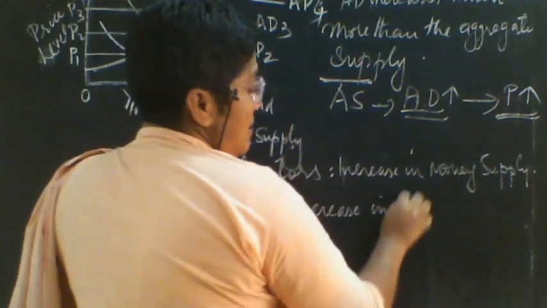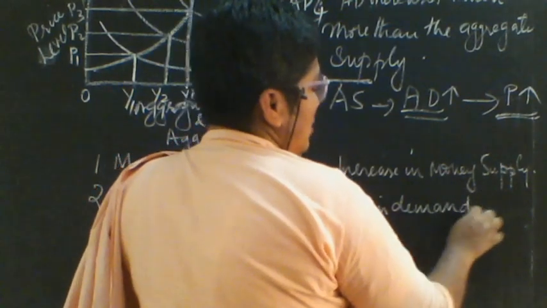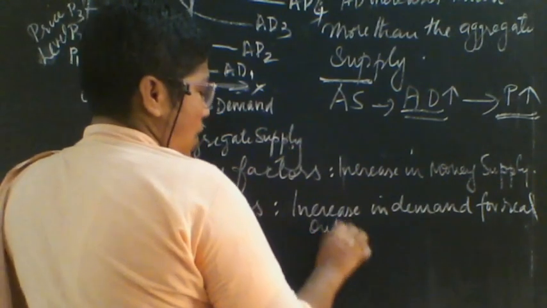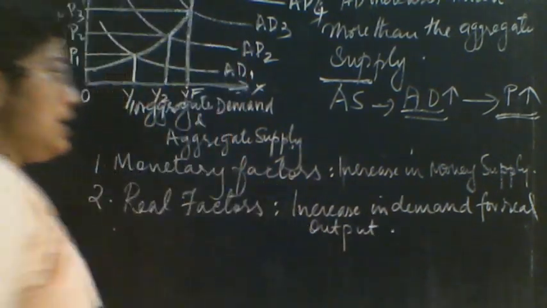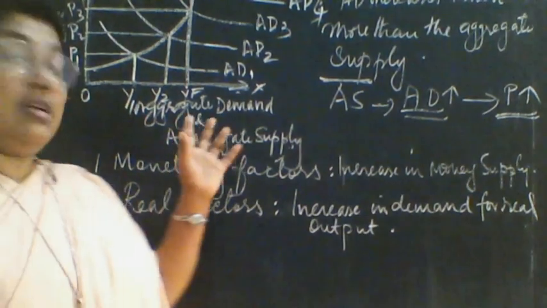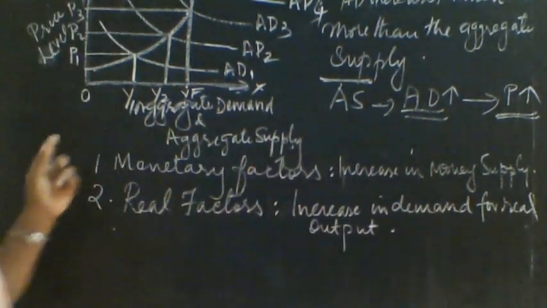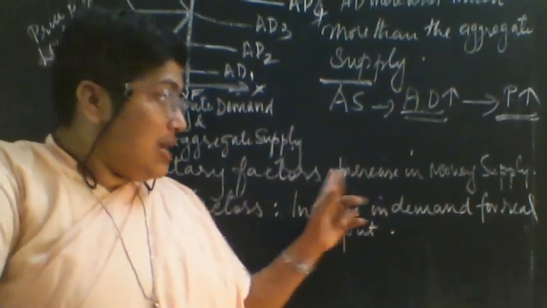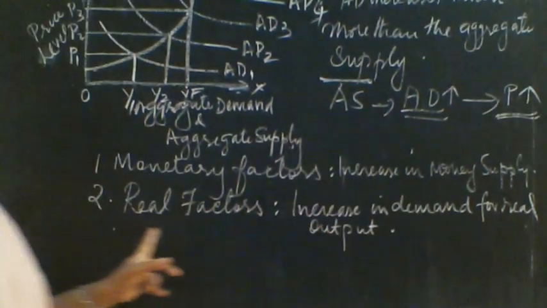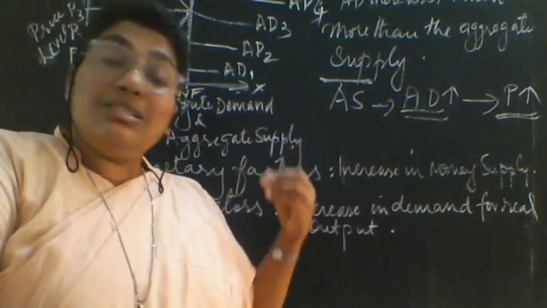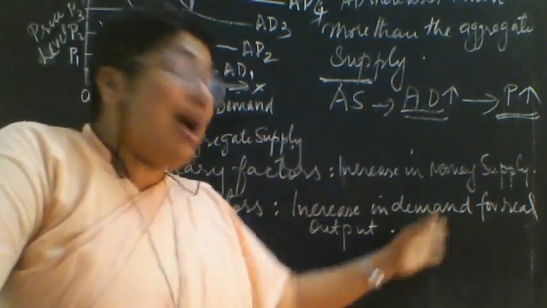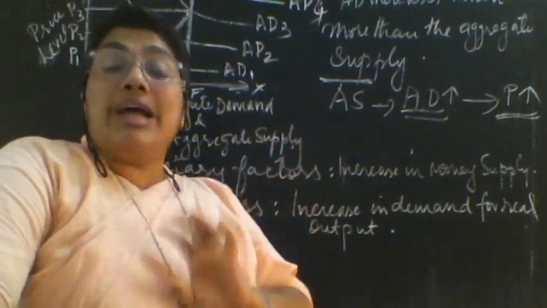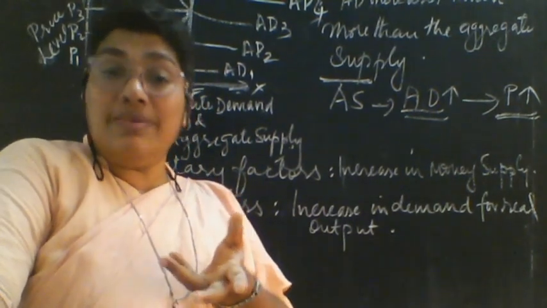So these two major factors are monetary factors, which trigger the aggregate demand, that is money supply, and real factors, those that increase the demand for real output. These are the two major factors which cause demand pull inflation.